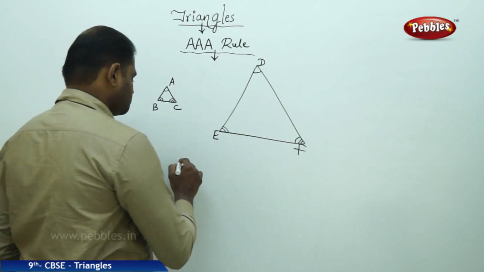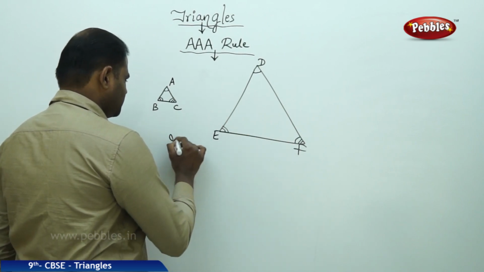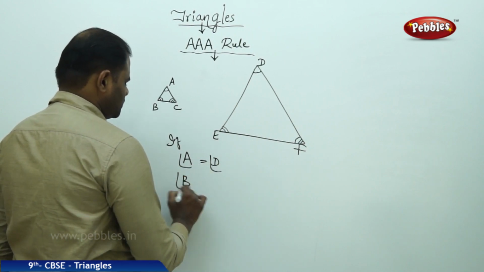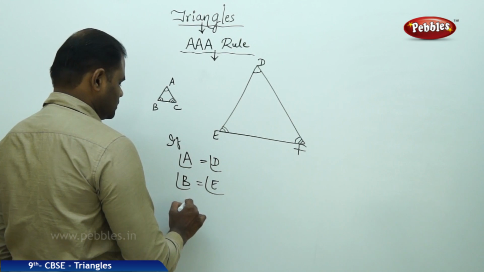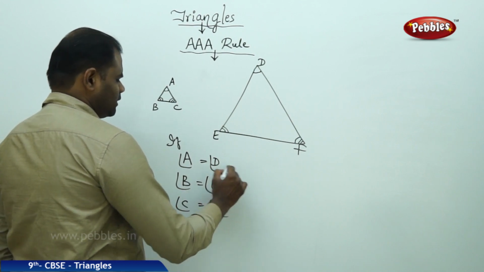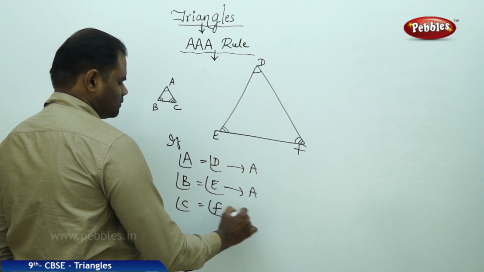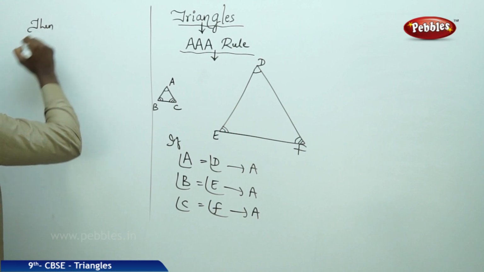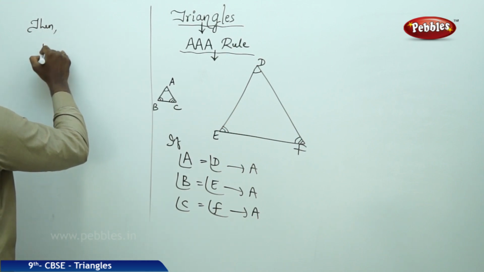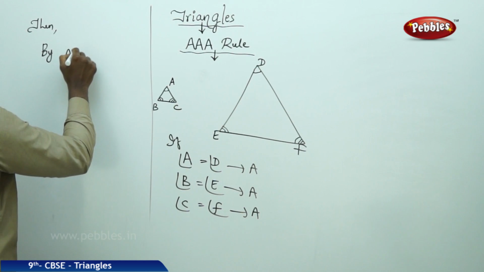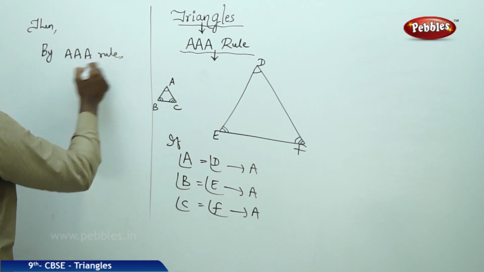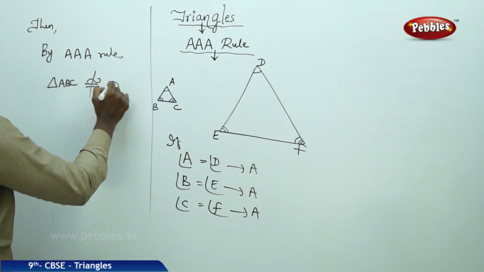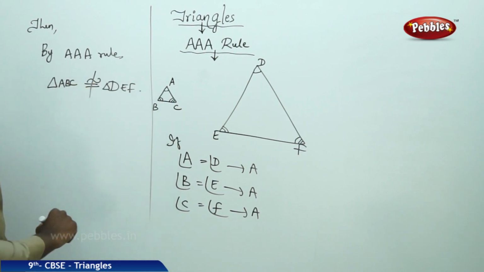Therefore, if angle A equals angle D, angle B equals angle E, and angle C equals angle F, then by AAA rule, triangle ABC is not congruent to triangle DEF.